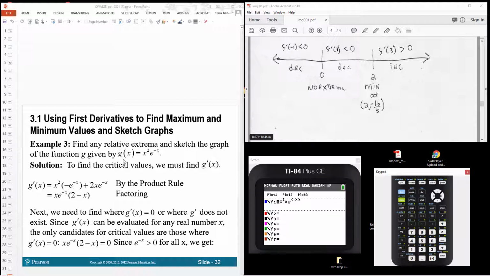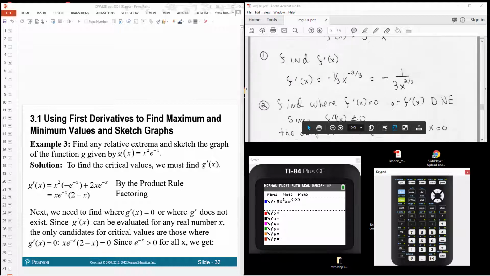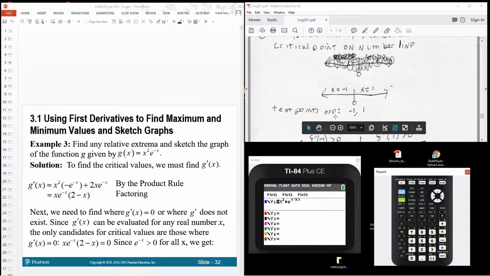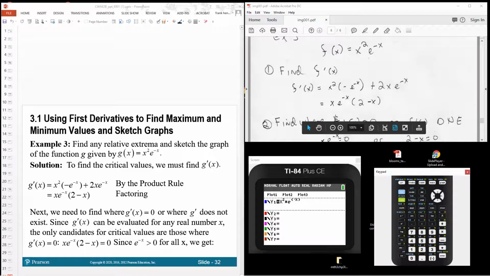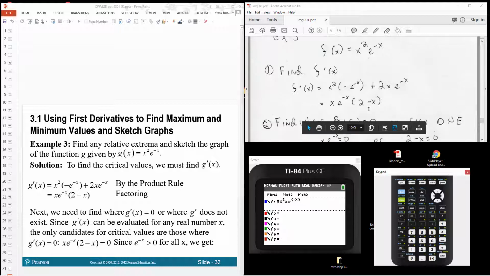Find extrema and sketch the graph. Okay, so the first thing we do here is we find f prime. So we find the first derivative here. We have a product, so I use my product rule to get it done. So that's my first derivative.